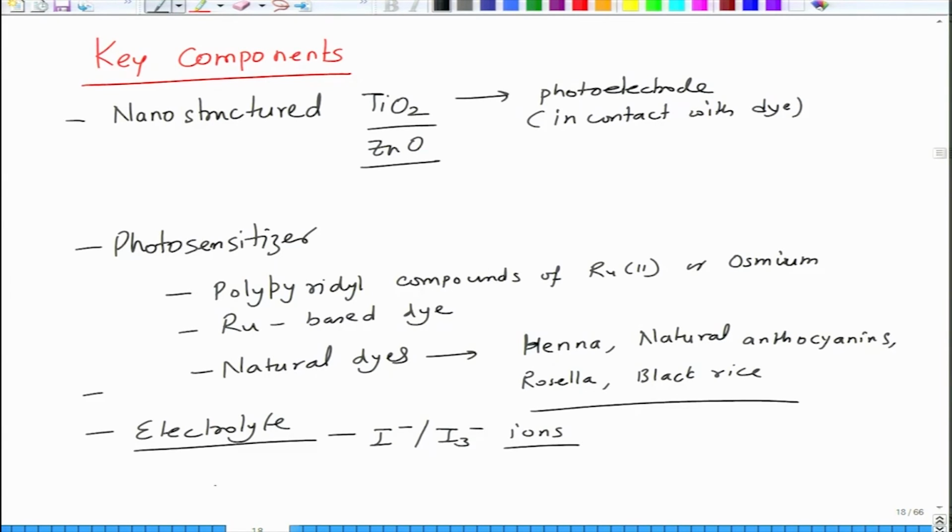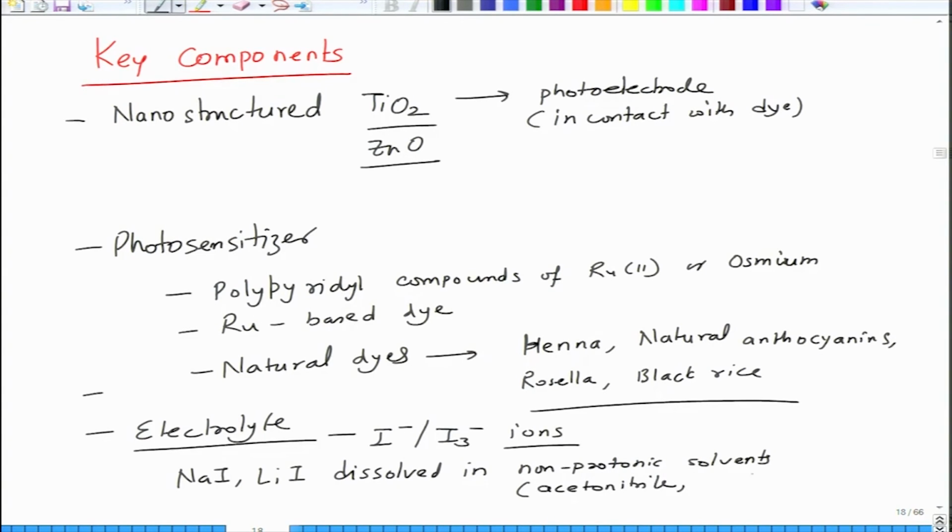Generally we have things like sodium iodide, lithium iodide, etc. They are dissolved in non-protonic solvents, and these solvents are acetonitrile, propylene carbonate, and so on and so forth.